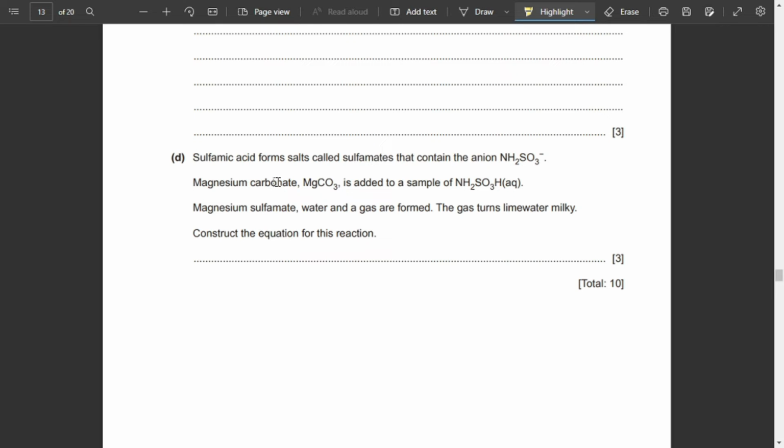So here we have sulfamic acid forms salt called sulfamate that contain an ion of NH2SO3-. Now this is the product side. Let's keep it aside. Then we have magnesium carbonate is added to the sample of NH2SO3H. That means magnesium carbonate, that is MgCO3, is added to a sample of NH2SO3H.